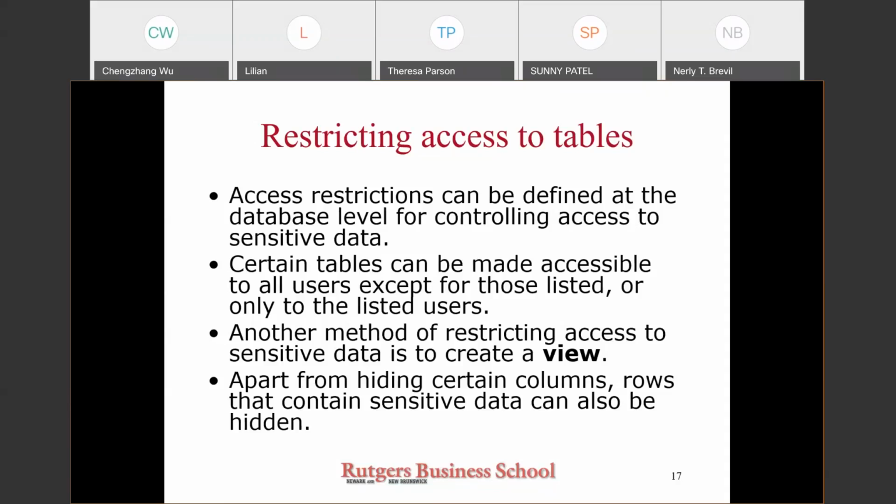For example, information pertaining to high-level executives can be omitted from the view by excluding all rows in the employee table where the rank field is higher than 8, for example. Here, let's assume that all top managers have a value greater than 8 in the rank field. Hiding of rows and columns can be combined in the same view.